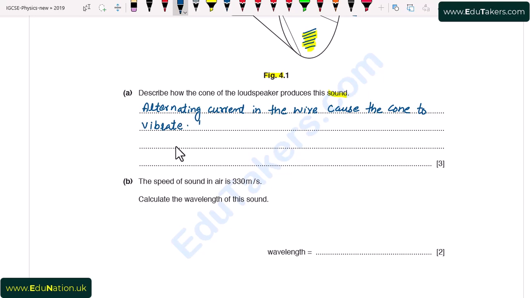Neighboring air particles will also vibrate. Which produces compression and rarefaction because it's a sound wave and sound wave consists of compression and rarefaction.